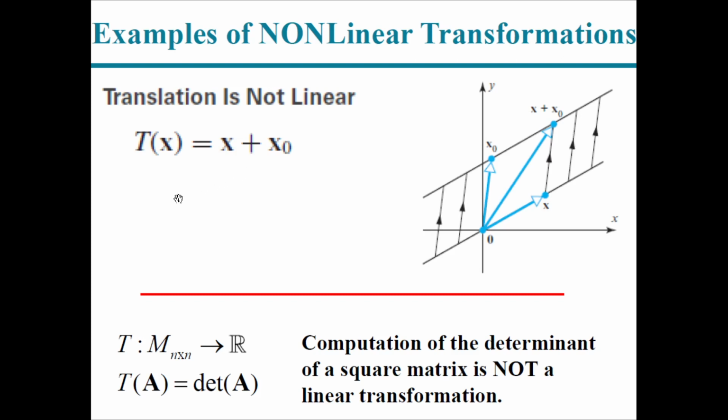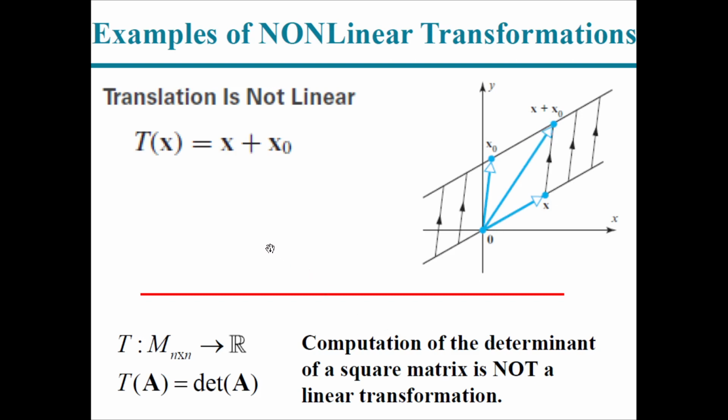Another way to see it: every linear transformation maps 0 to 0. So here, if you put 0, then you'll have 0 plus x0. x0 is some vector, let's say (1, 1). So you are shifting everything by (1, 1). You are adding a vector x0, or in our case (1, 1), and then you're shifting everybody.